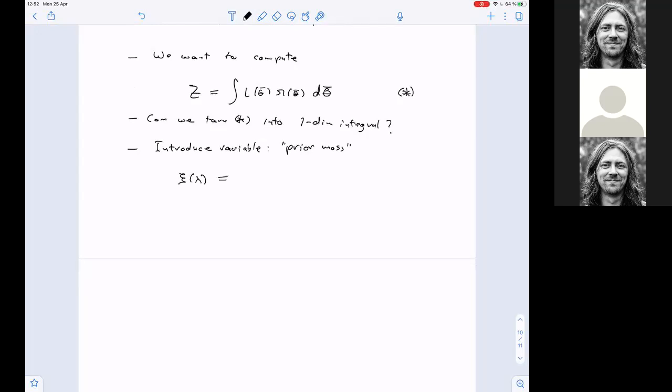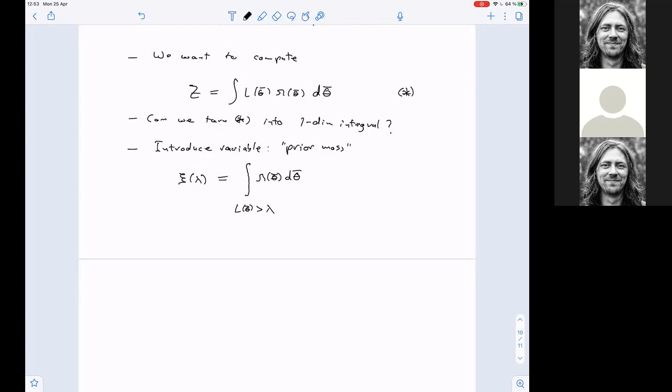And the way this variable psi is defined is that it's an integral of only the prior over some part of the parameter space. And which part is this? It's the constrained part of the parameter space where your likelihood is larger than some value lambda.